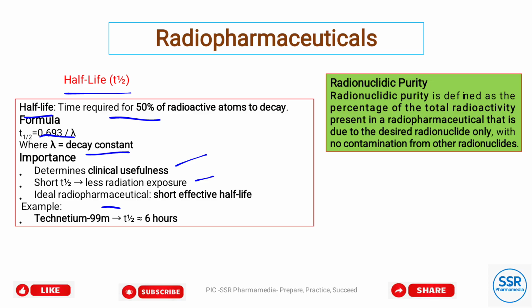Ideal radiopharmaceuticals have a short effective half-life, for example technetium-99m, T half is 6 hours. And radionuclidic purity is defined as the percentage of total radioactivity present in a radiopharmaceutical that is due to the desired radionuclide only, with no contamination from other radionuclides.